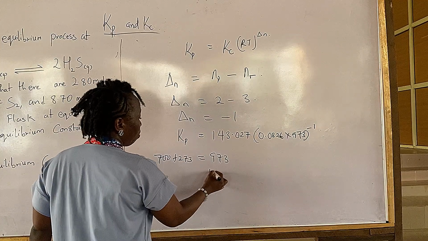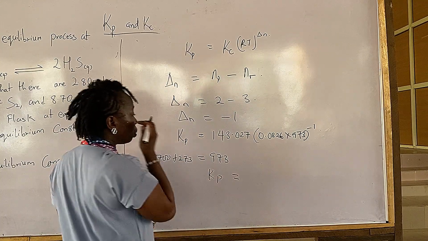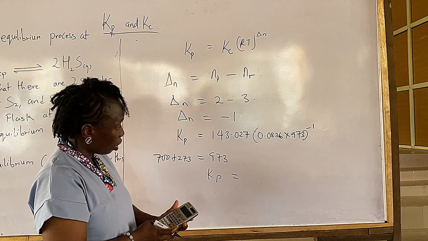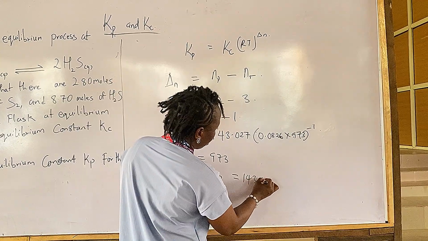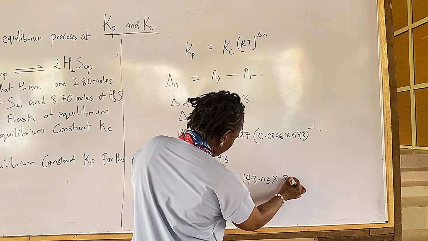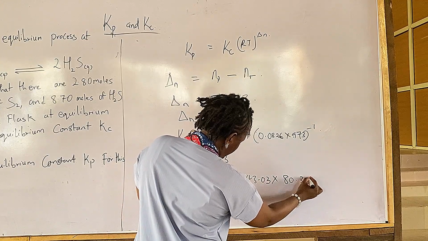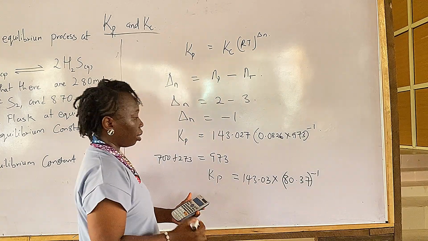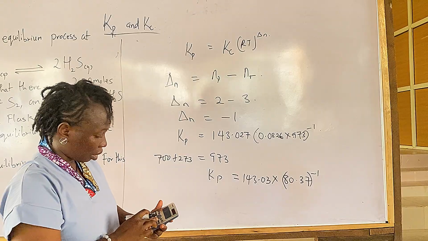So that means Kp will be equal to, so we will press our calculator right now to get Kp, 143.03 times 80.37 raised to power minus 1. So what is the inverse?